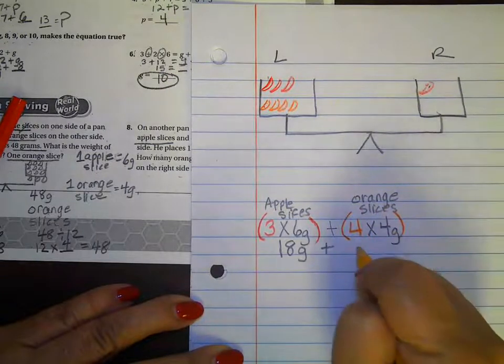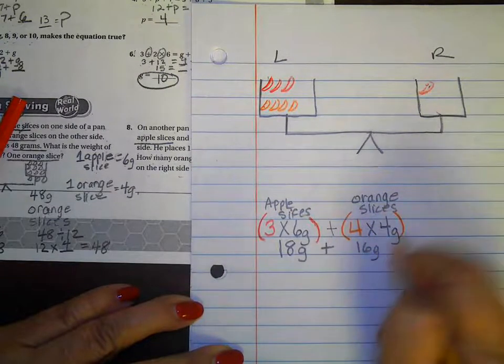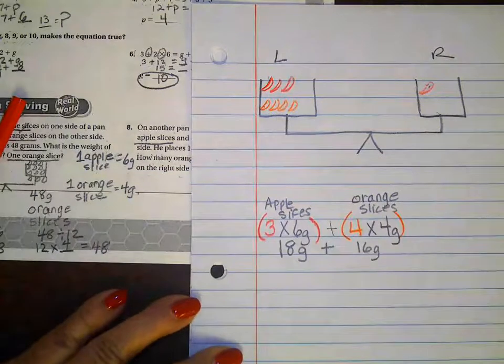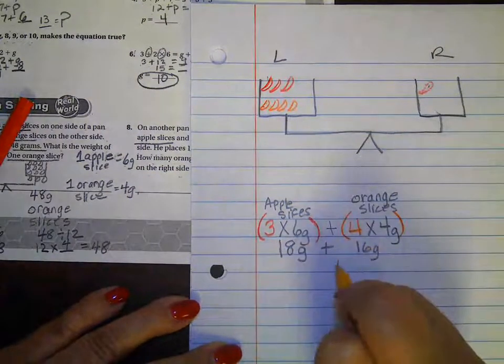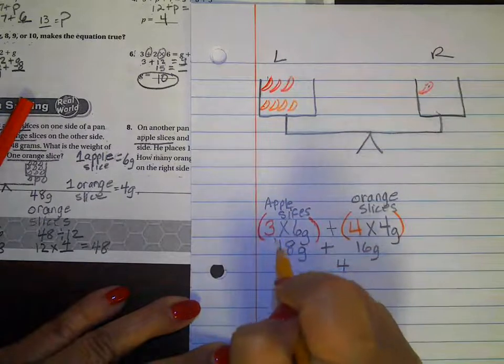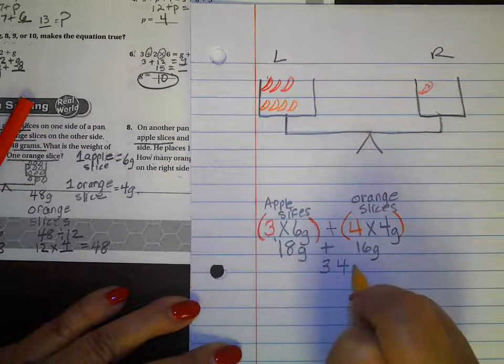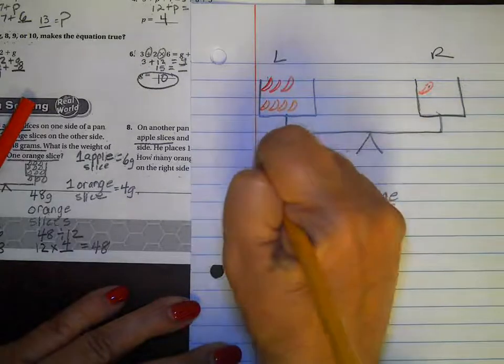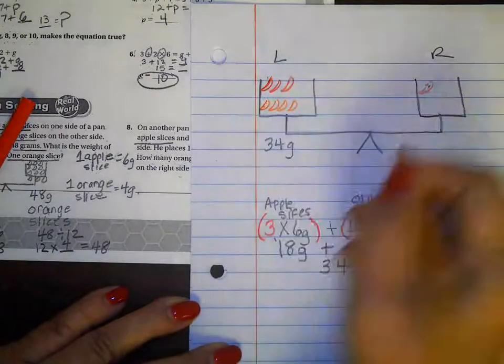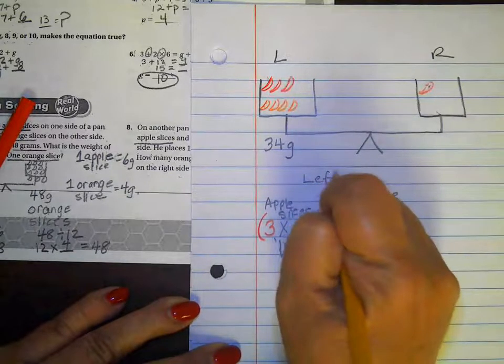That's 4 times 4 equals 16 grams. So how many grams is that total? Very good. 6 plus 8 equals 14. Regroup. 1, 2, 3. So it's a total of 34 grams on the left side. So I'm going to place my 34 grams here. This is on the left.